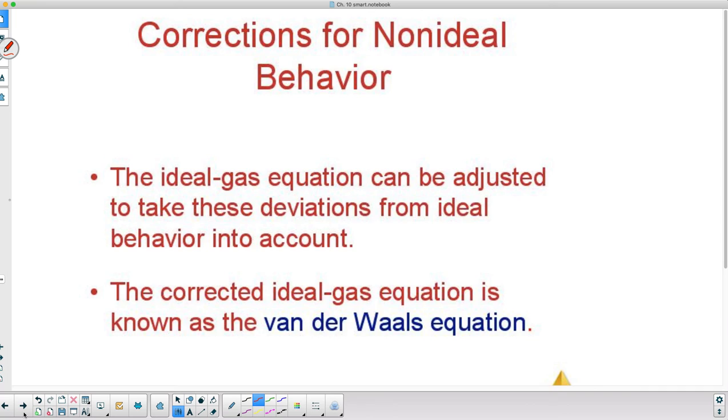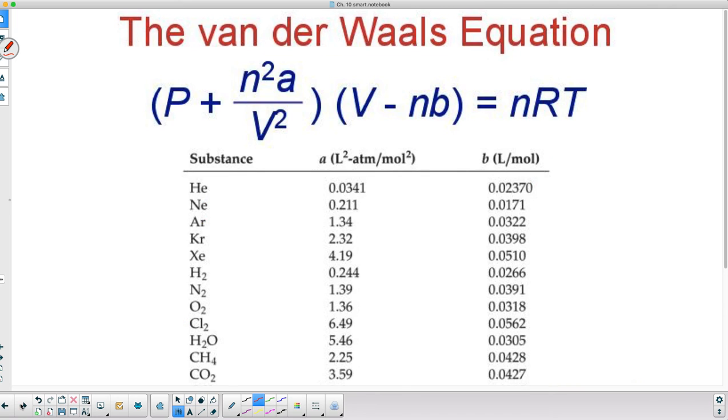There actually is something called the van der Waals equation. The van der Waals equation is for real gas behavior and should be used in that situation. This is what it looks like. Look at this mess. Okay, notice that we still have PV equals nRT, except the P term has to be adjusted because of the pressure issue.